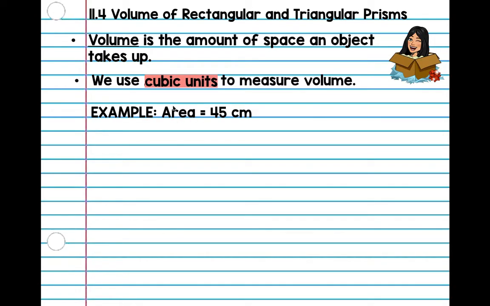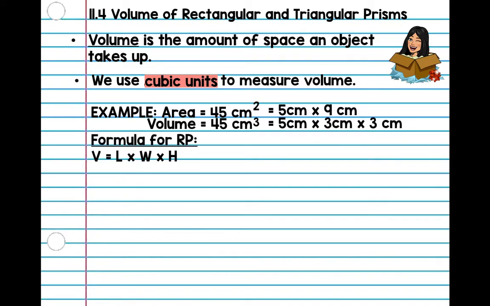For example, for the rectangle, we had 45 centimeters square because it was 5 times 9, right? When we're doing cubic units, we're going to be putting the number 3 to represent cubic units. That is because we multiplied 3 numbers, so 5 times 3 times 3. So again, volume, we're going to end with cubic units.